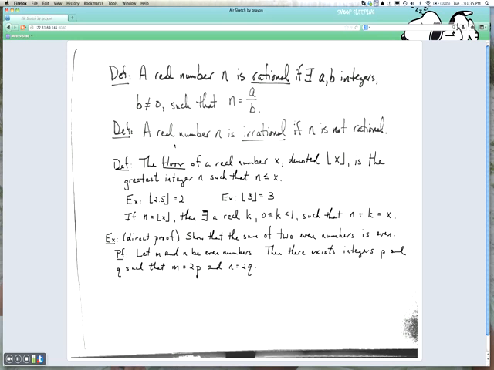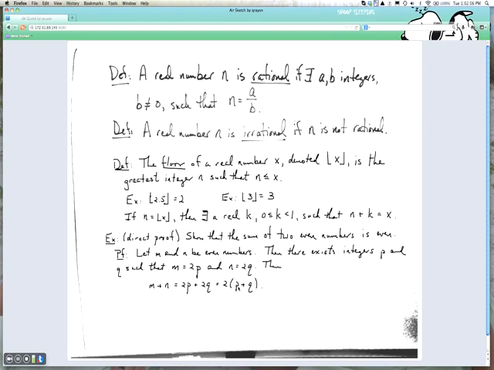Alright, so that's simply using the definition. Then, the direct proof is we say, oh, well, then let's consider the sum. So then m plus n is 2p plus 2q, which is 2 times p plus q.